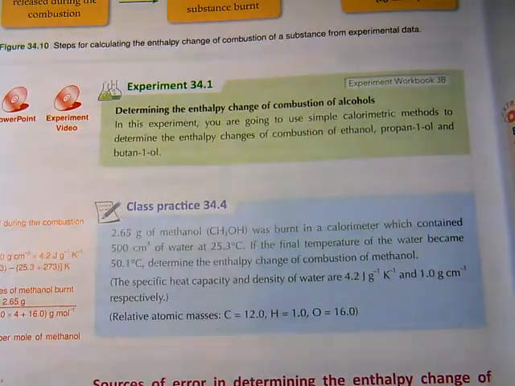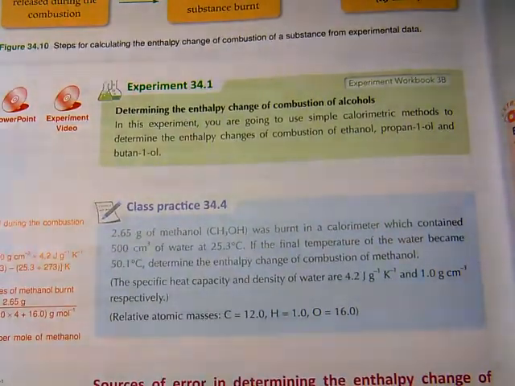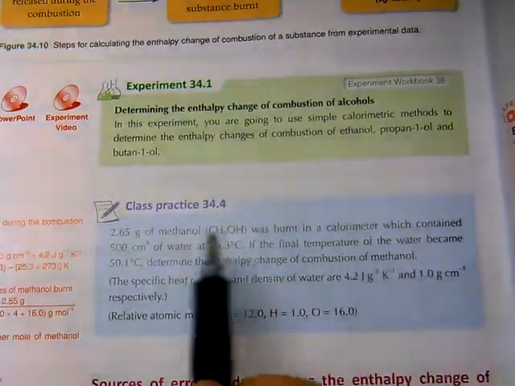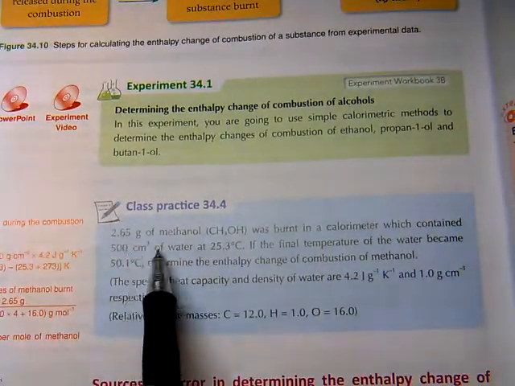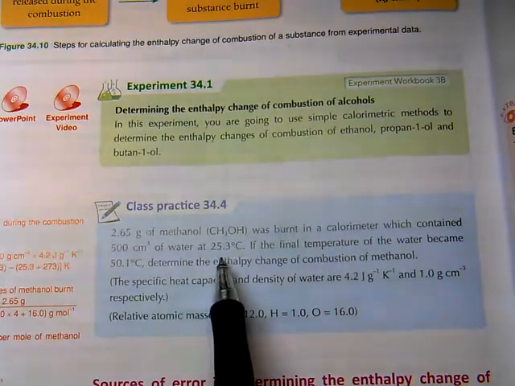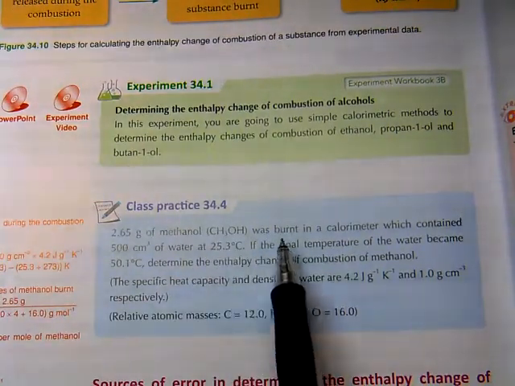Now, try class practice 34.4. Do it now. Look at the question. We have 2.6 grams of methanol burnt in a calorimeter which contained 500 cm³ of water, and the initial temperature is 25.3 degrees Celsius.